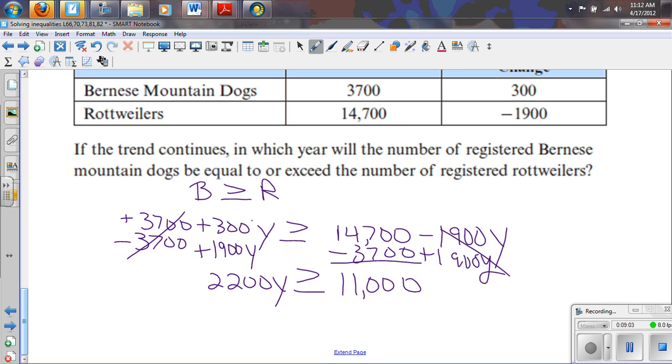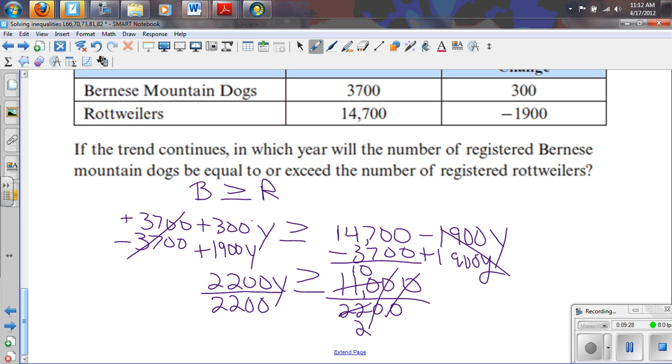And then the last step, divide both sides by 2,200. So we can immediately cancel those off. We can divide both of these by 11. And so the top one will be 10 and the bottom one will be 2.